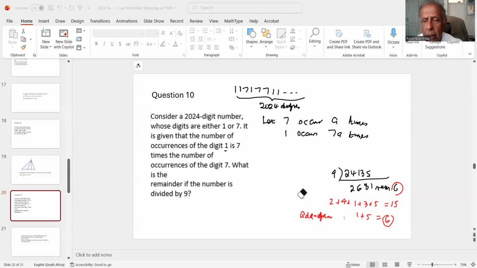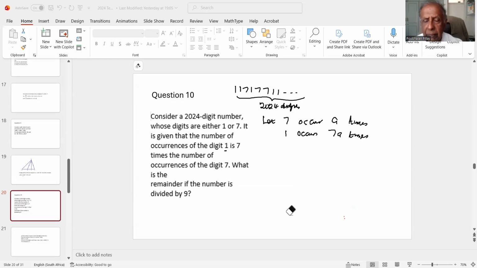Now, we know that there are a 7s and 7a 1s. So we can say that the sum of the digits of our number is, okay, you add 7, how many times? a times, so it's 7a.